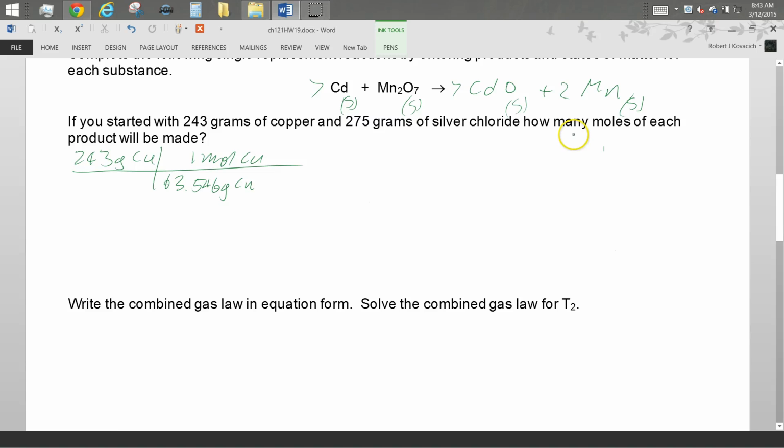I got to write copper solid plus AgCl solid turns into CuCl2 and silver. So I'm going to need a 2 right there and a 2 right there.